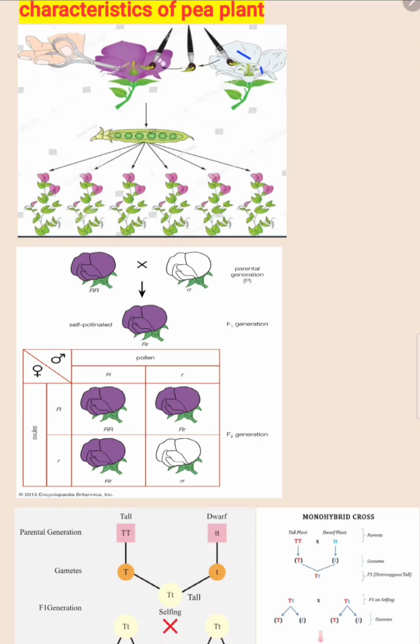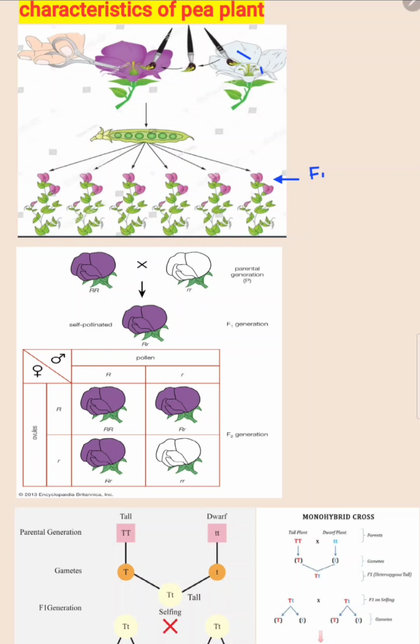When we do cross pollination between these two flowers, the first generation will have purple petals. That means a dominant character. This F1 generation will show the dominant character. In here, the dominant character is purple color.